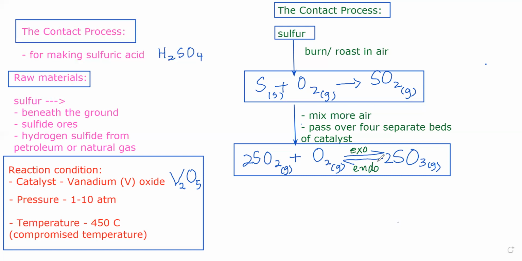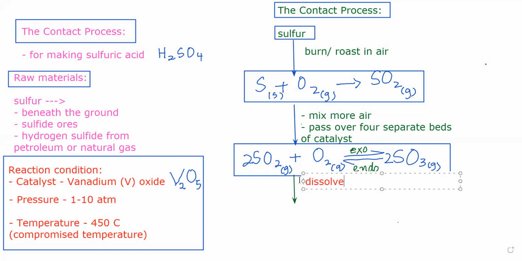Why? So we can save the cost as well. Now, this sulfur trioxide is going to be absorbed into a 98% solution of sulfuric acid. What will happen here? I am going to dissolve it in.